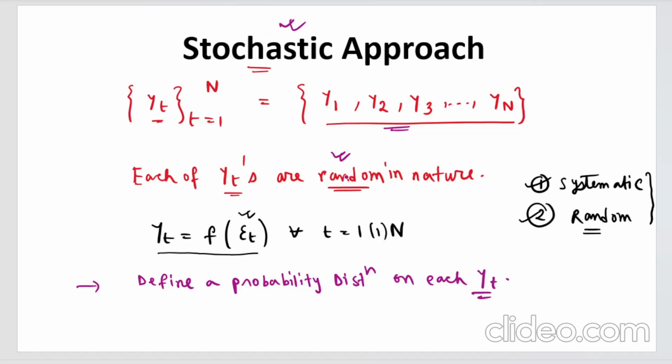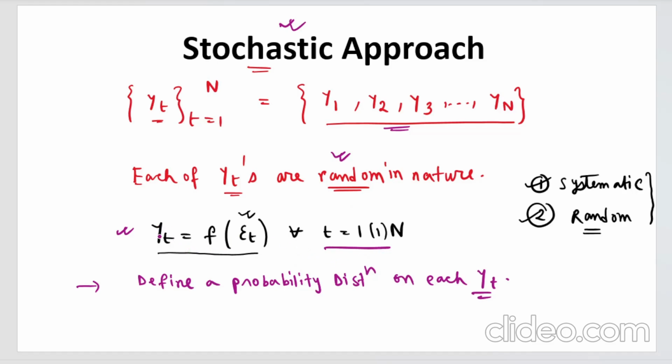Random means you have some degree of probability in everything that you are talking about. So each of these yt is random in nature. What does this randomness mean? Randomness means that each yt will be a function of epsilon t. I will give you multiple examples on this, and we will solve questions later in this chapter. So no worries if you don't understand this as of now, I'll be explaining it in much more detail using questions.